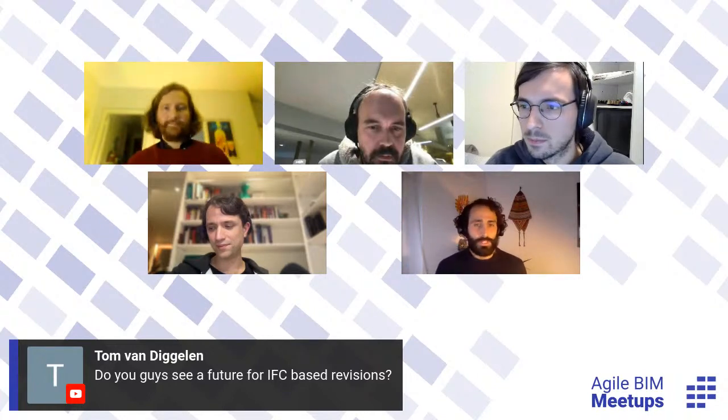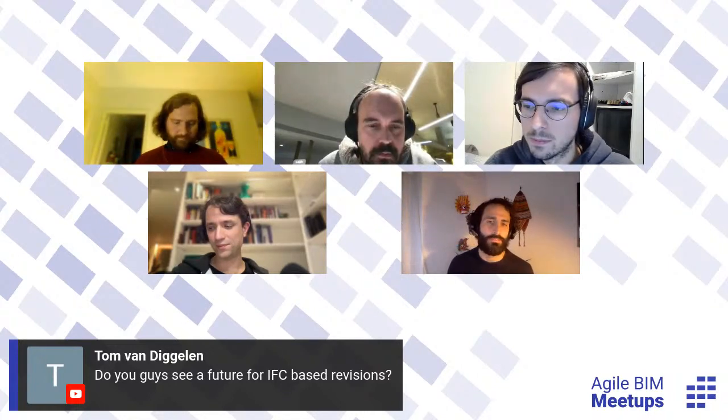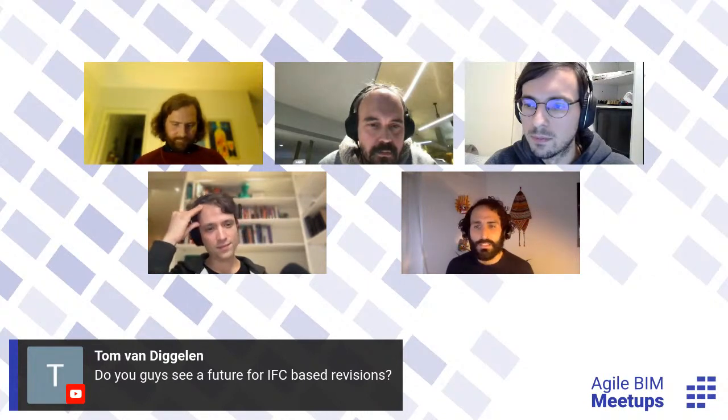Yeah. Go ahead, Matteo. I mean, that's one of the features that we're planning to implement at some point. We already have versioning at the core of Speckle. It's a version control system that we developed specifically for 3D design, 3D data. So we don't have the concept of revisions just yet, but it's something that we can easily add on top of what we have at the moment.